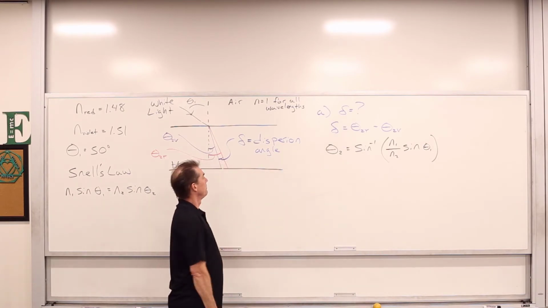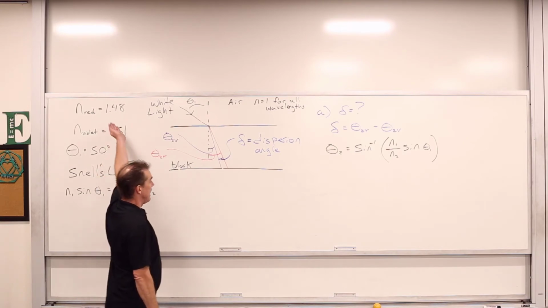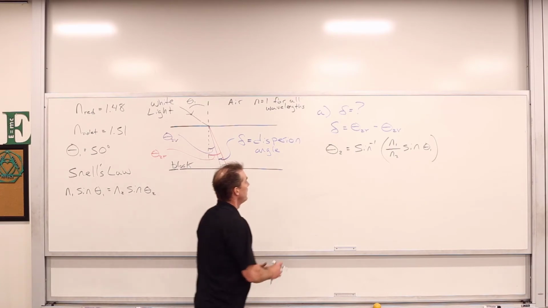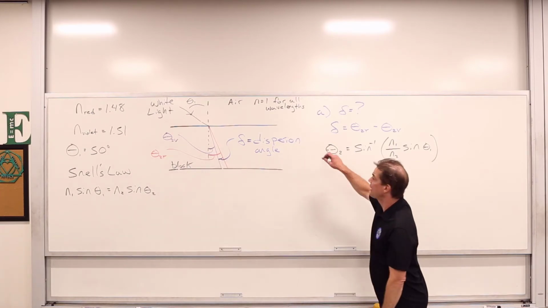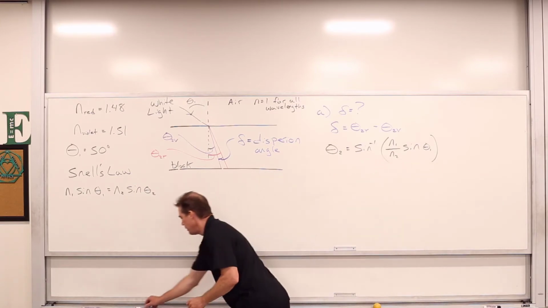And then what do we have? Well, we have an n2, which is really n red and n violet, respectively, and a theta 2, which is theta 2 red and theta 2 violet, respectively. So we do this for the two different colors.